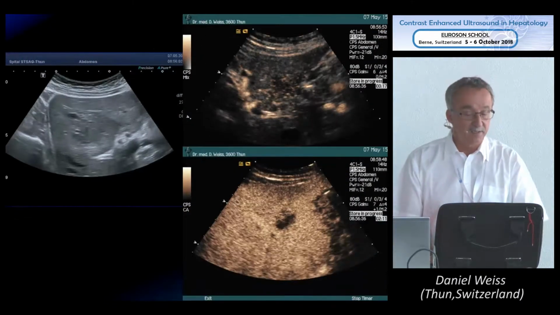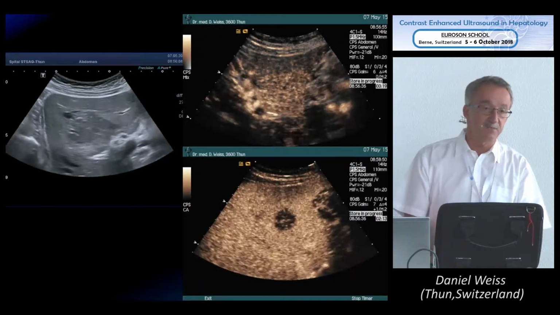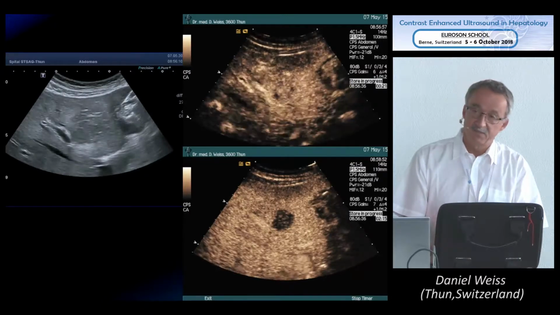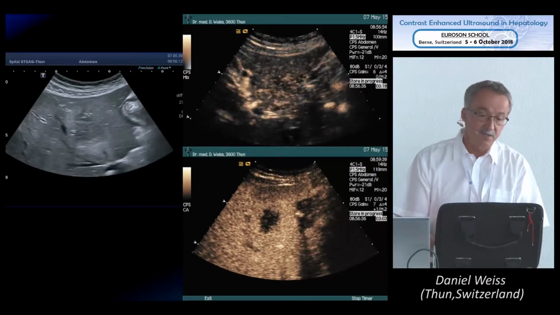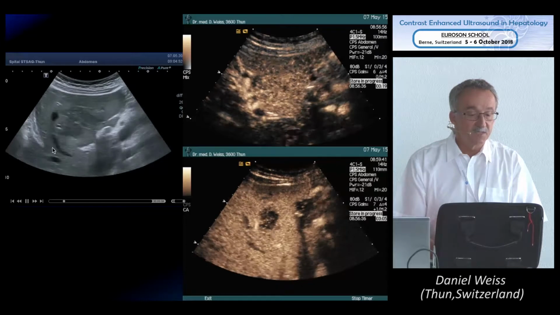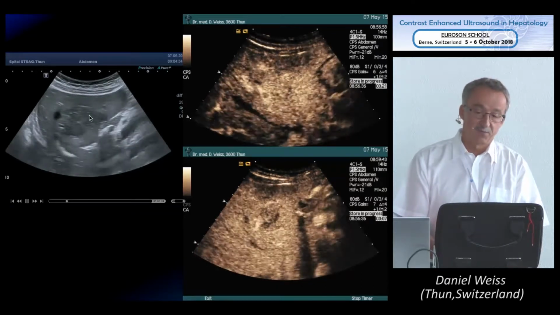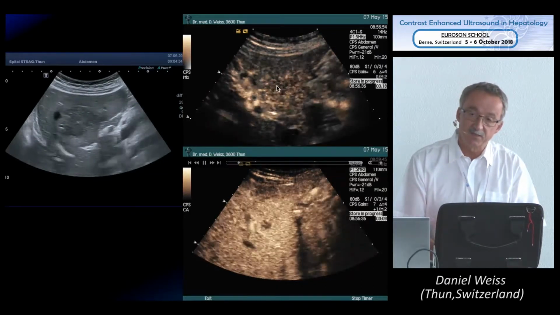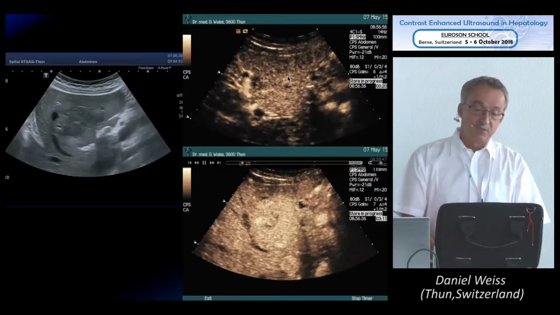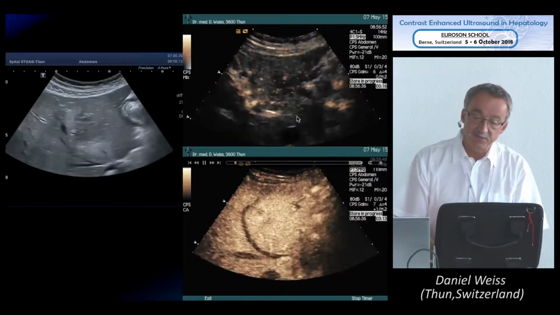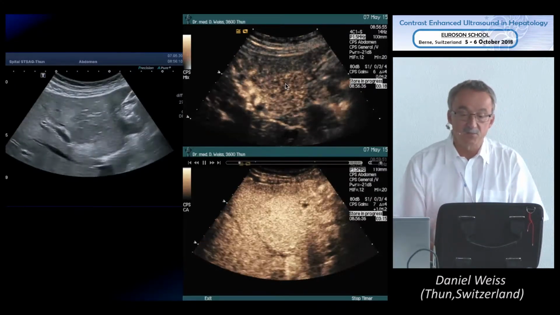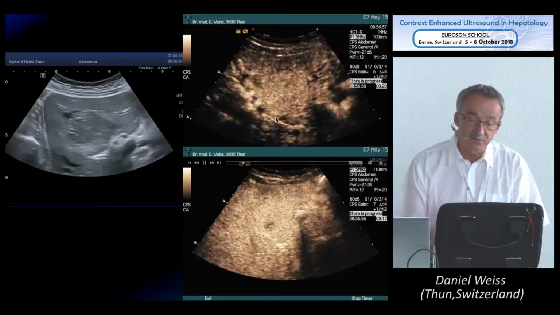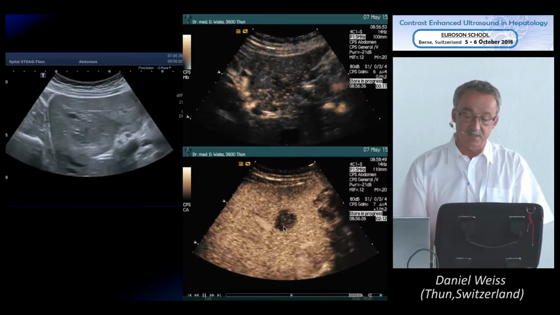So we do again a follow-up examination because the oncologist said when CT scan shows nothing, it is nothing. And you see, now it seems very large. But when you look what I told you before, when you look at this contrast behavior, you see a lot of arterioportal fistulation. So it's not this size, the tumor, it's this size.